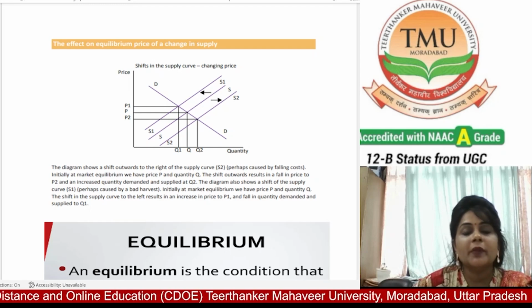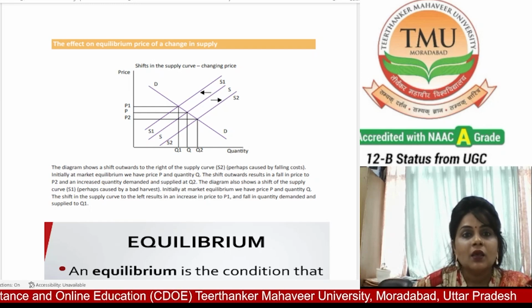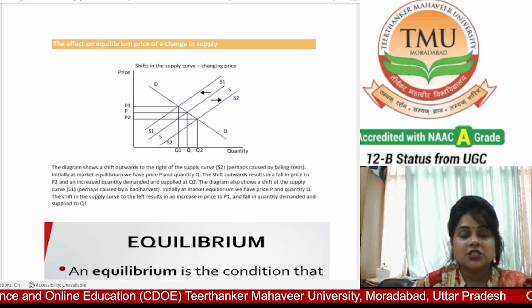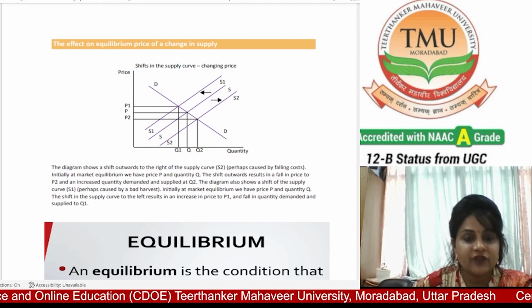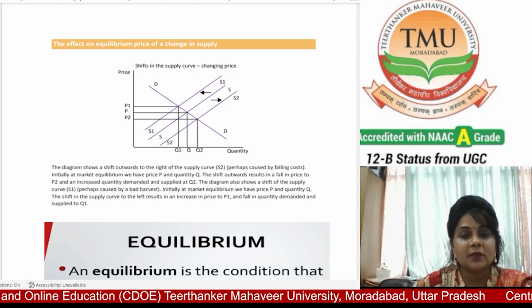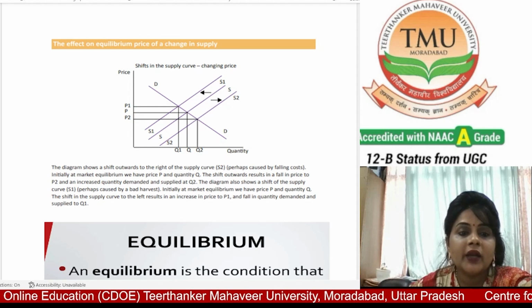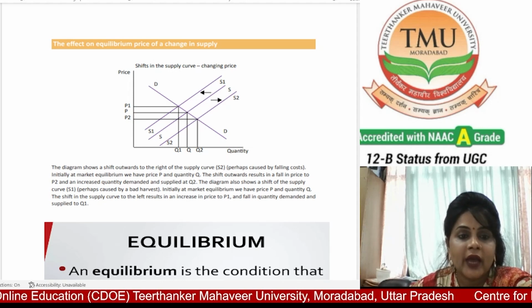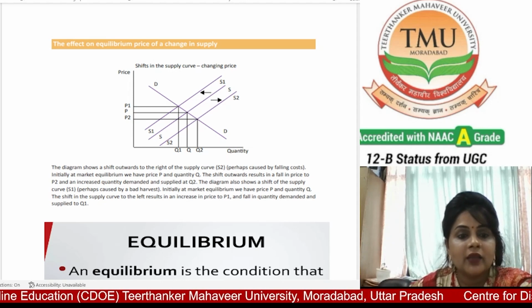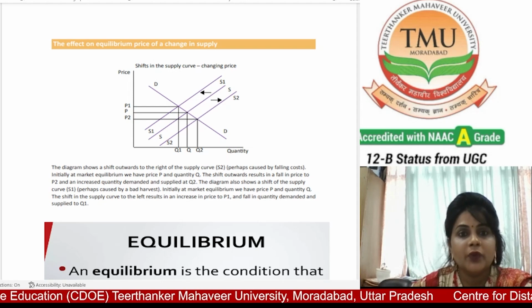Initially at market equilibrium, we have price P and Q. The shift in the supply curve to the left results in an increase in price to P1 and a fall in quantity demanded and supplied to Q1. As you see, I hope you understood.